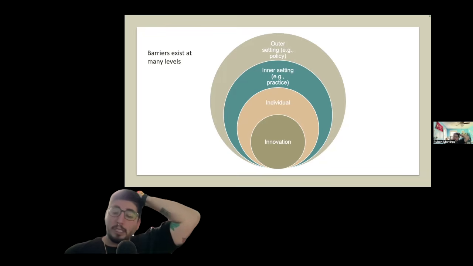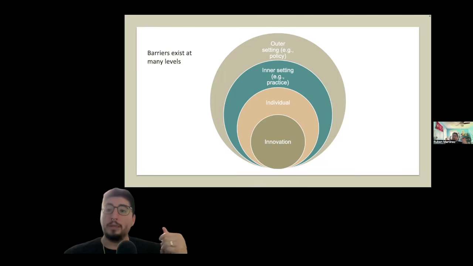And determinants also exist at the outer setting level. So things that are generally outside of your sphere of influence, like other community organizations, state or federal policies, etc. So barriers can exist at all these different levels. And generally, why I think it's important to think about this kind of nesting, right?